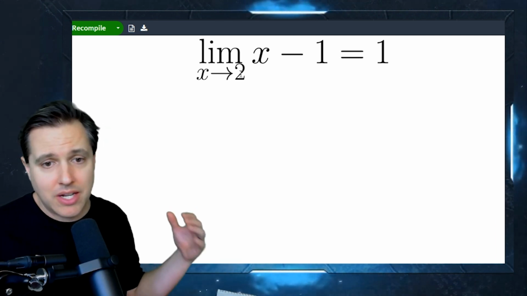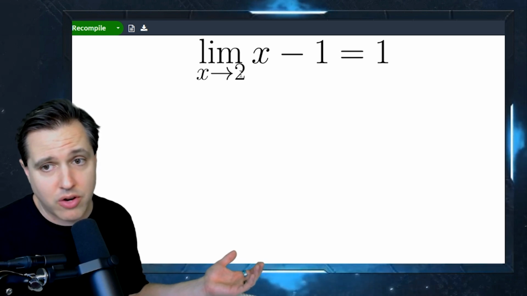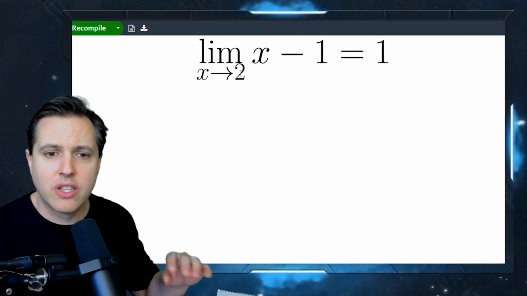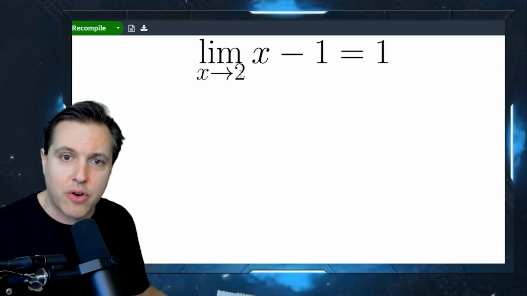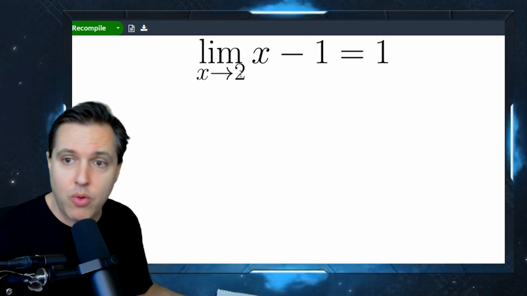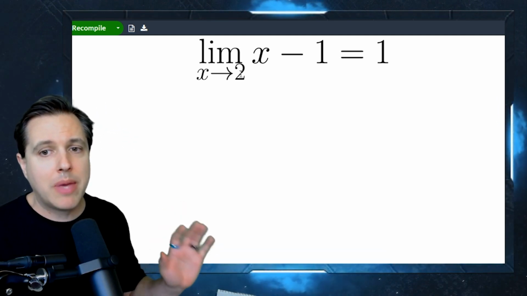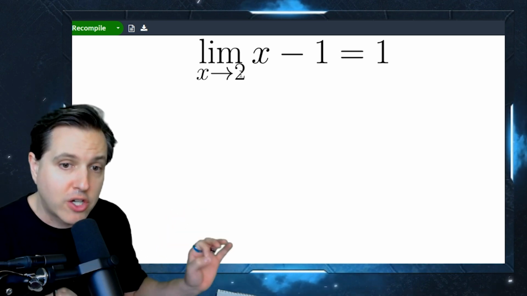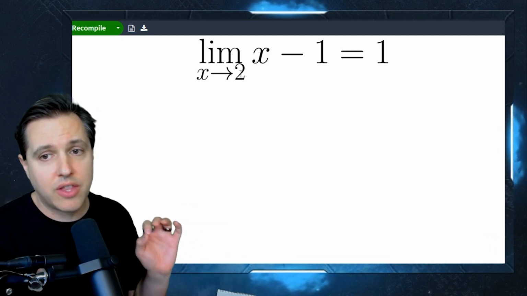So you can see the limit doesn't care if you're actually defined at that point or not. It doesn't make a difference, which seems a little bit weird at first. Our function isn't even defined there, but we can still get an answer. Again, we have to make the distinction between when we're dealing with function values and when we're dealing with limits.